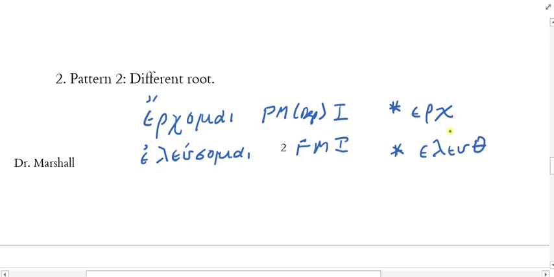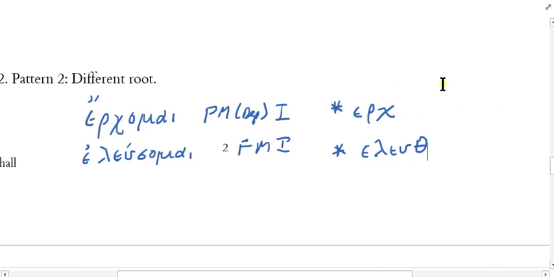So if they're from two different roots, who determined that they would be in the same verb? Yeah, that's a good question. Well, I don't really understand how this happens in the hoary past, okay? But this happened in English as well. Take the verb, I go. That's our present tense form.